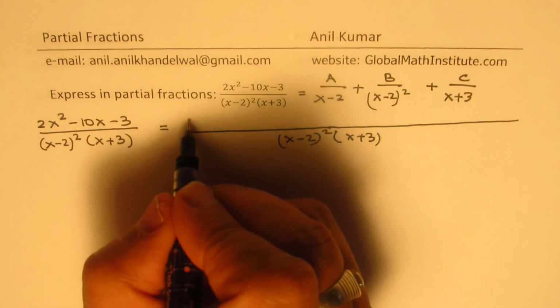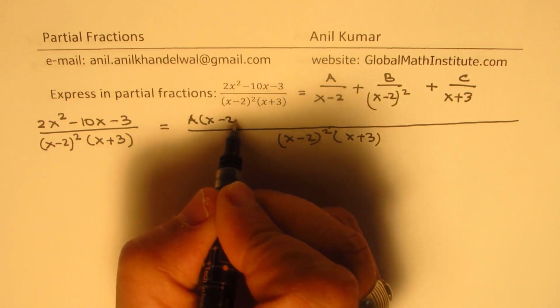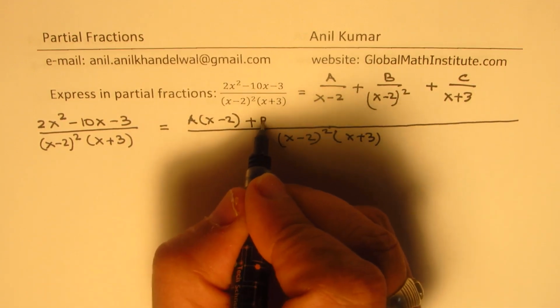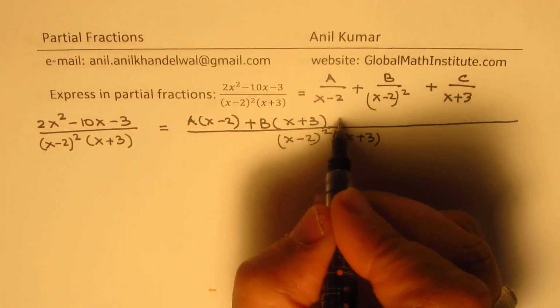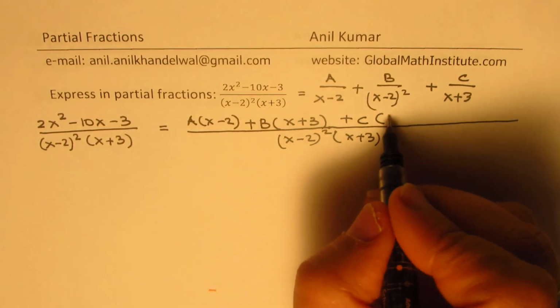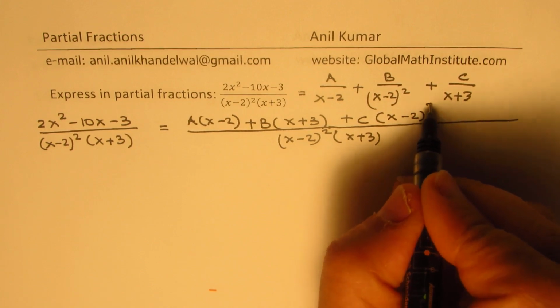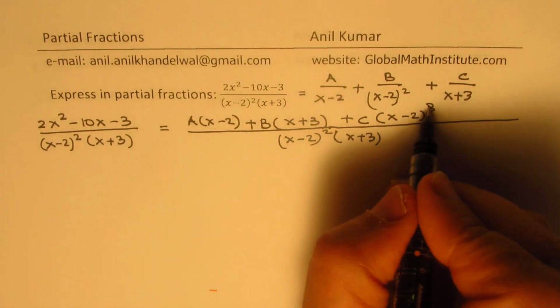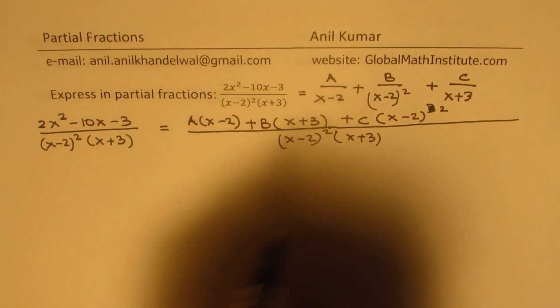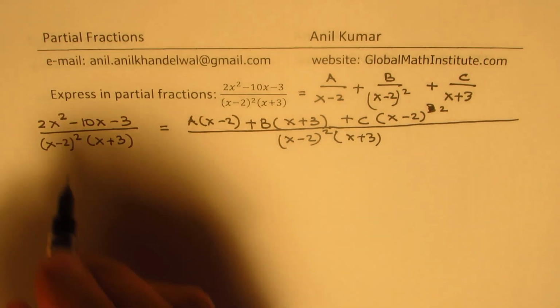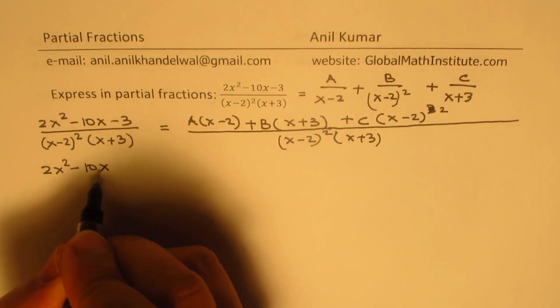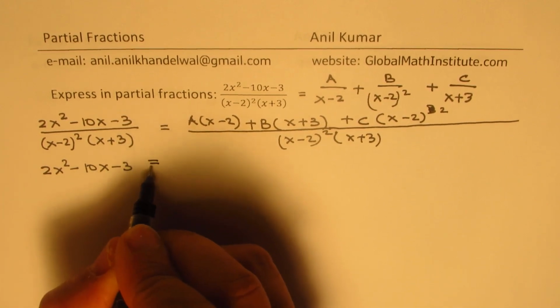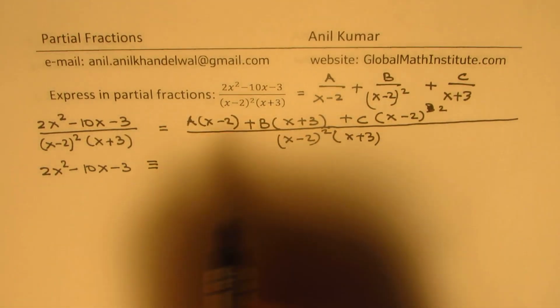Now a will get multiplied by (x minus 2) times (x plus 3), plus b times (x plus 3), plus c times (x minus 2) whole squared, correct? So now, since the denominator is the same, we can write that 2x squared minus 10x minus 3 is identical to all this.